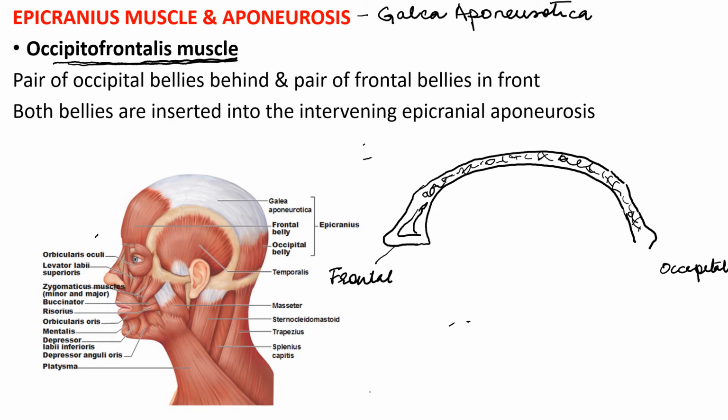Okay, let's draw the outermost layer, which was the skin, the hair follicles, the underlying fibrofatty tissue.